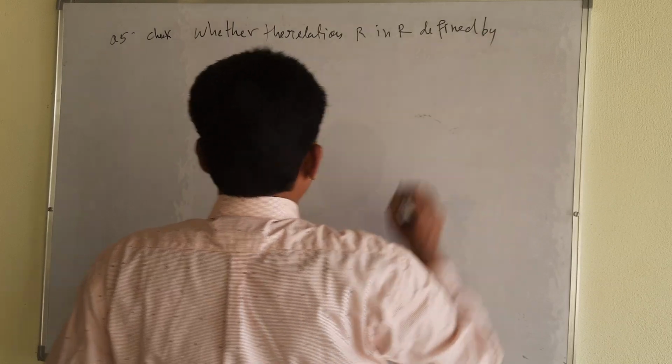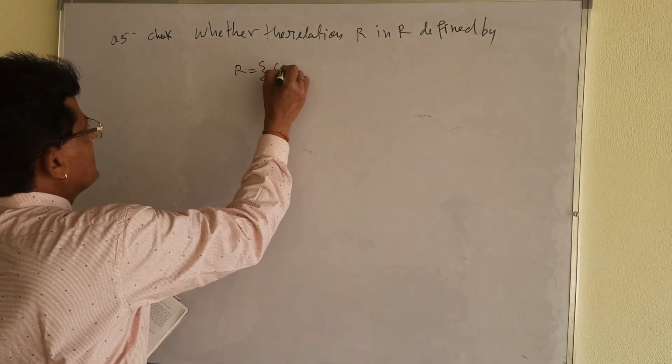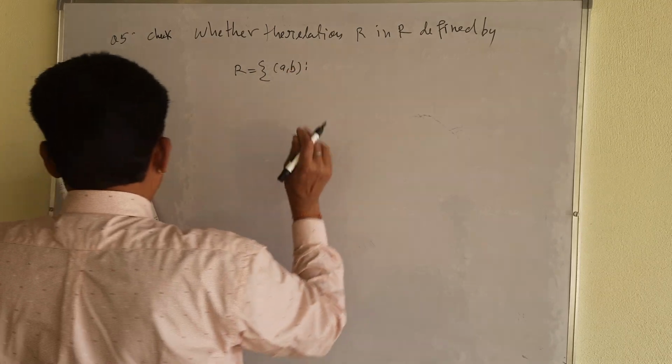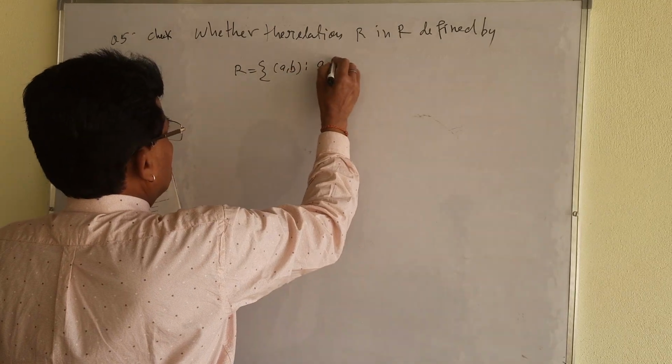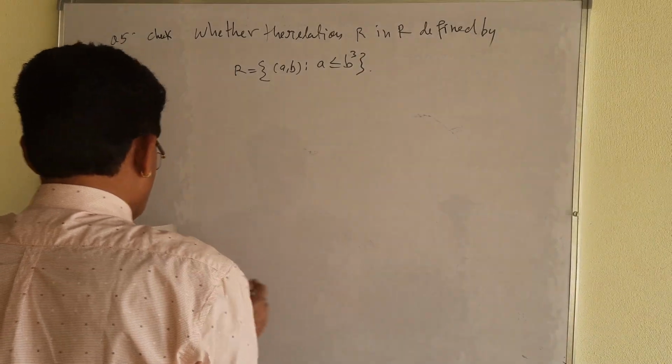by, let me take what is given, the condition, what will be the relation, that is (a, b) such that the condition. This condition you must follow, dear student, otherwise your solution will not be proper.